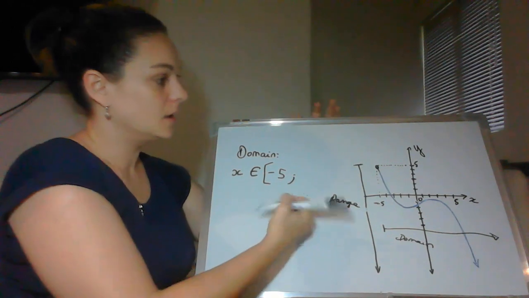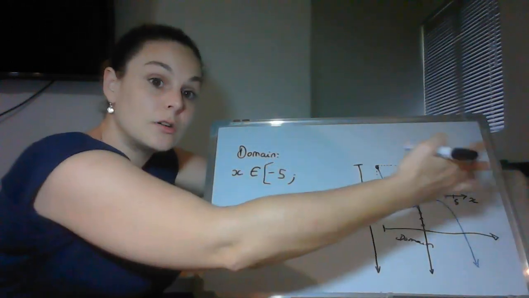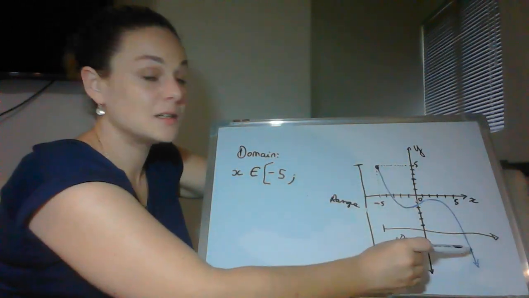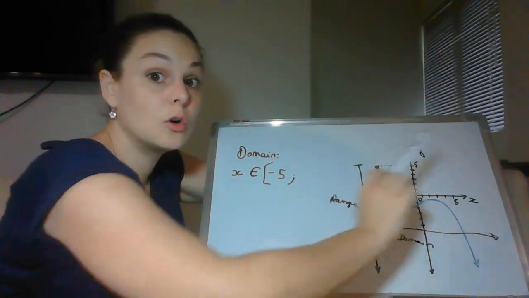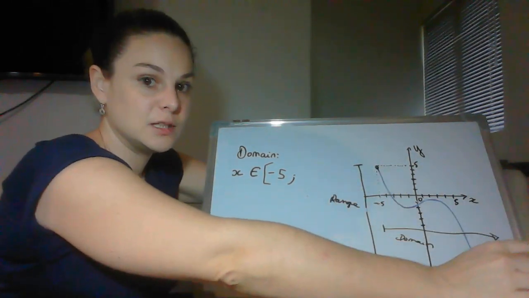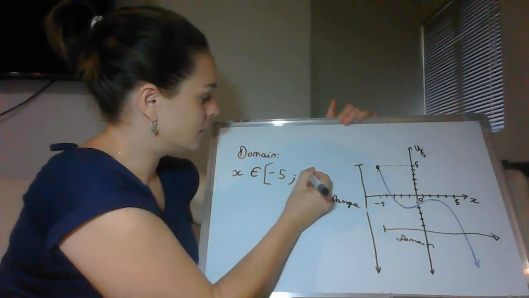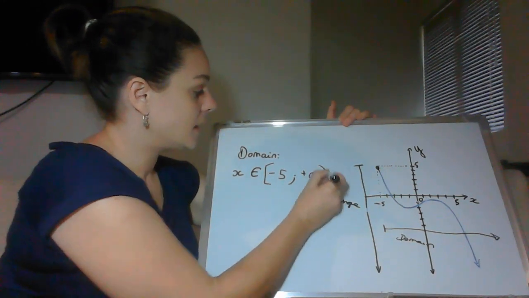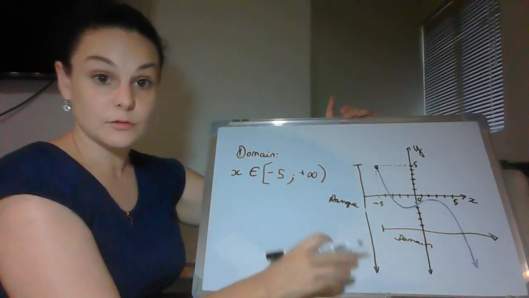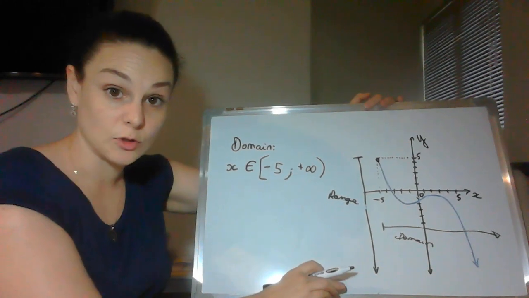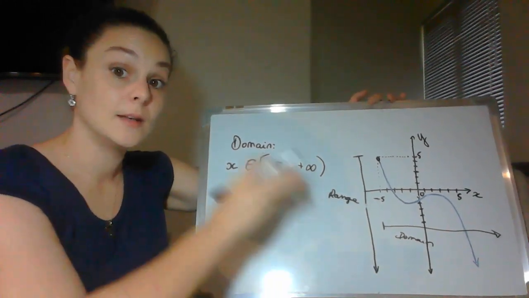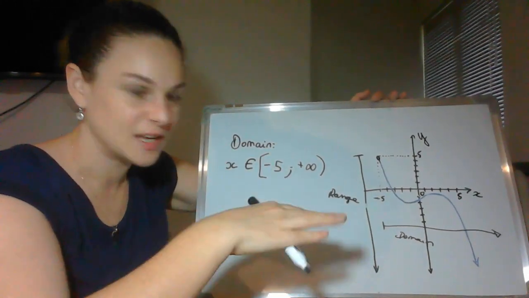Up to the right, there is no restriction. This graph is going to slowly but surely go up to infinity. So it's going to go to positive infinity, and we never include the infinity. So that's the domain. Now the range on the y, same thing.